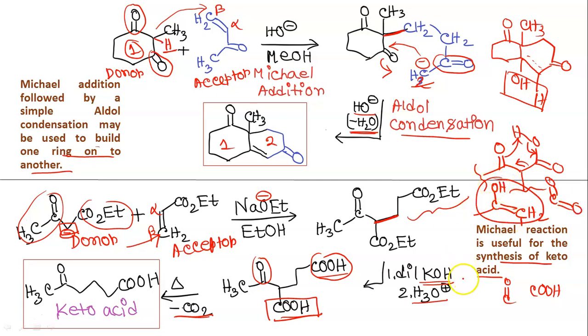This enol form will be converted to the keto form. So finally we are getting a keto acid, and if we write the relationship between the keto and the carboxylic acid, it is alpha, beta and gamma. That means gamma keto carboxylic acid. So these also we can make by applying Michael reaction. So we have seen a total of 3 applications.